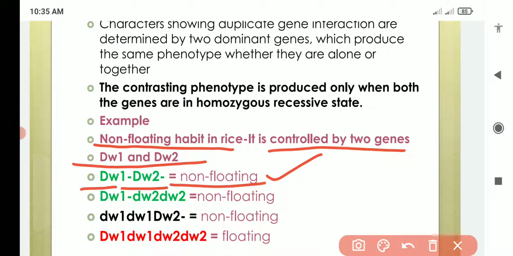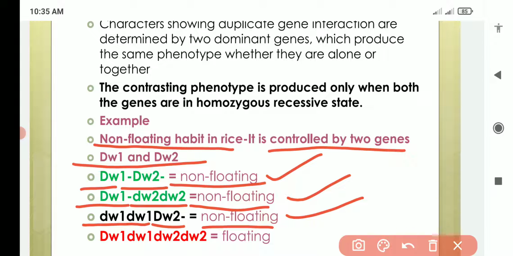When capital DW1 is present alone, with small dw2, again non-floating habit is observed. When small dw1 is present with capital DW2, then also non-floating habit is observed.